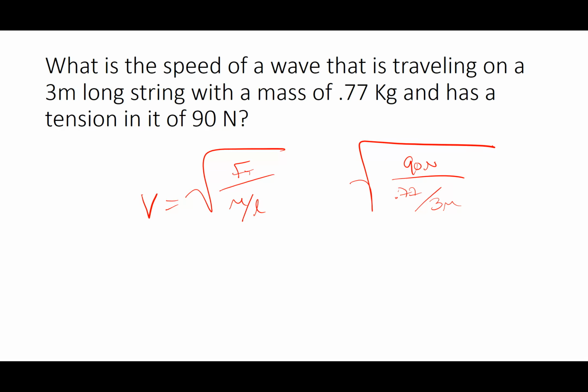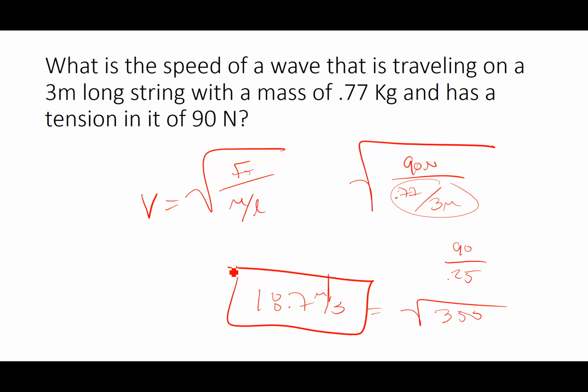In order to solve this correctly, first I want to take these two numbers and divide 0.77 by 3, and I get 0.256. Then I take 90 divided by 0.256, and I get 350. I put that inside of the radical, and I get a velocity of 18.7 meters per second.